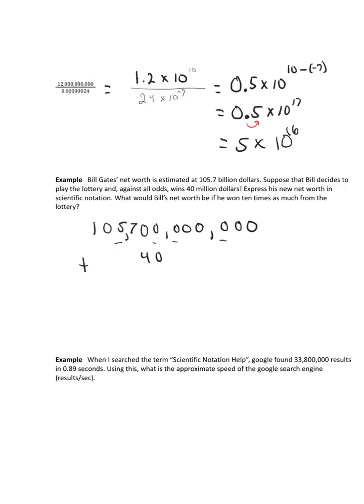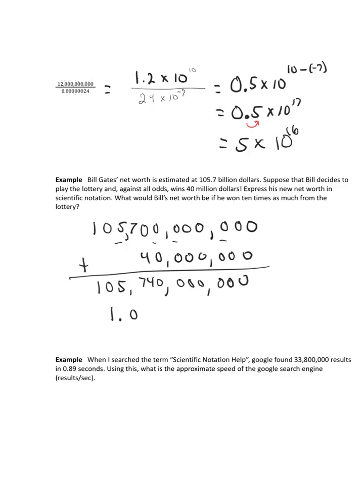So 40 million. All right, so you add that up, that's giving us 105,740 million. All right, and so putting that in scientific notation, that would be 1.0574 times 10 to the, let's see, 1, 2, 3, 4, 5, 6, 7, 8, 9, 10, 11, times 10 to the 11th.